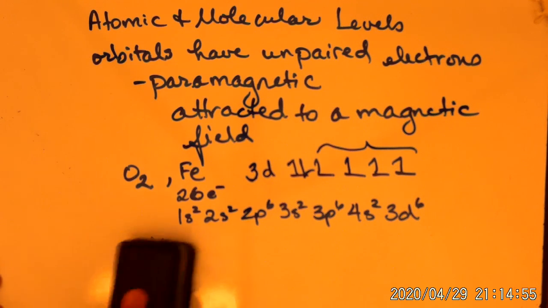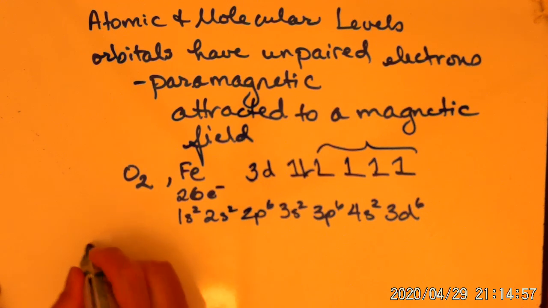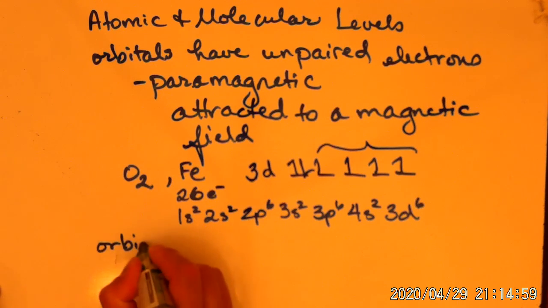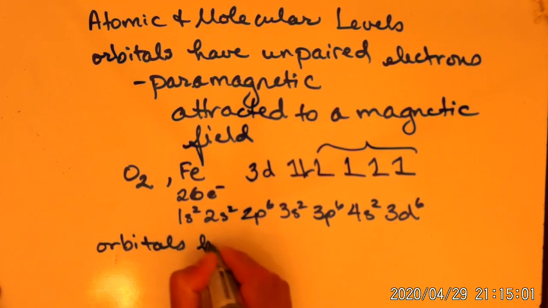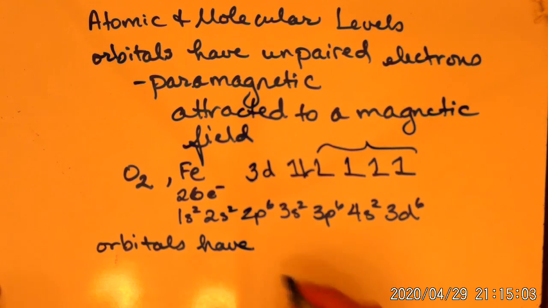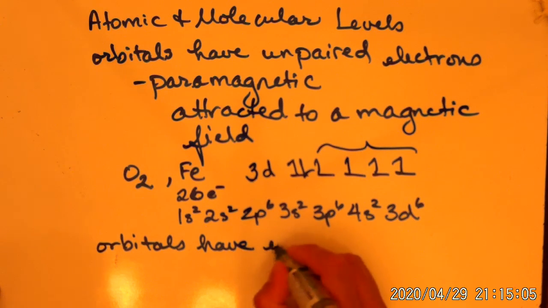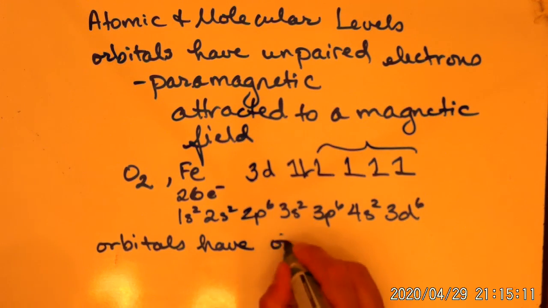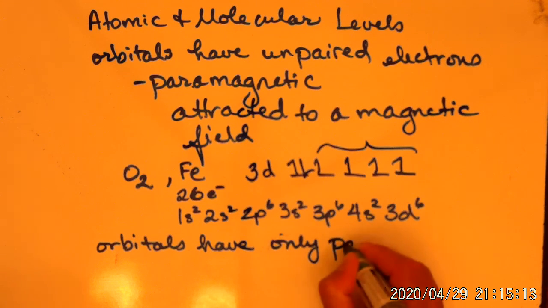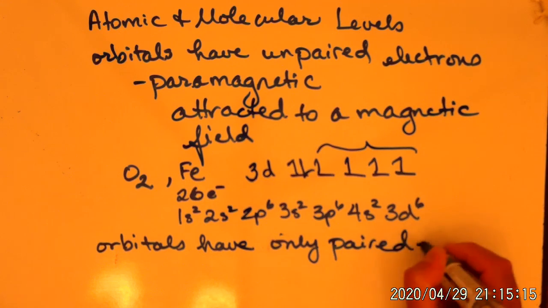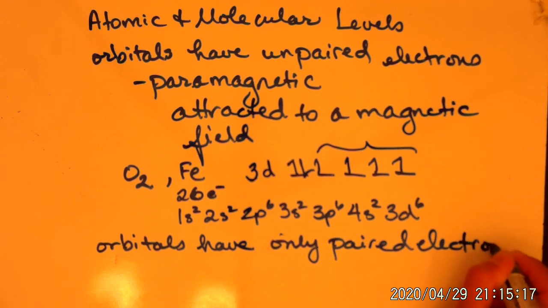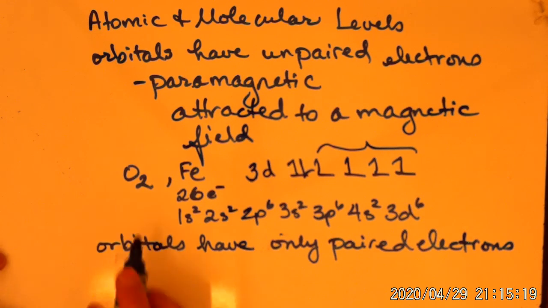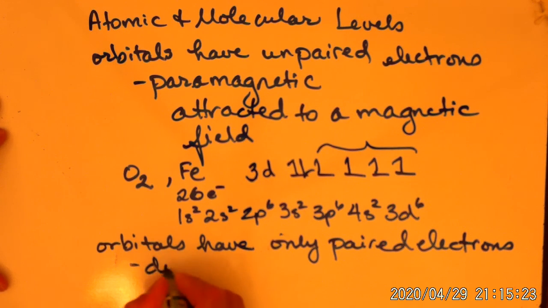Okay. So orbitals that have only paired electrons, and we were talking about this, this is called diamagnetic.